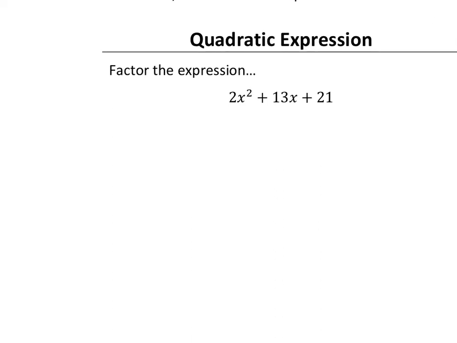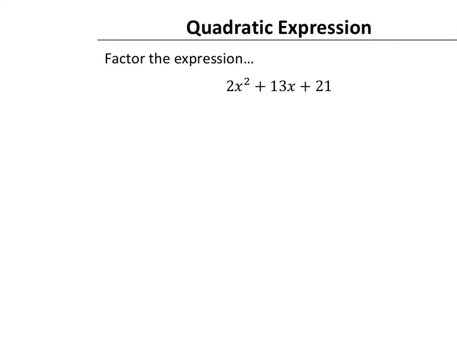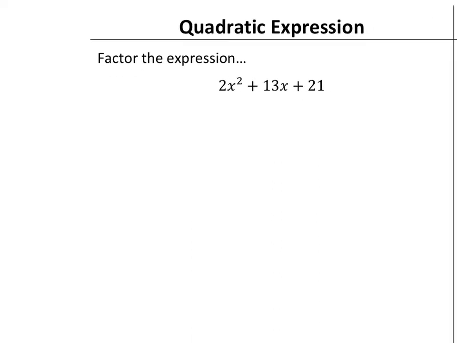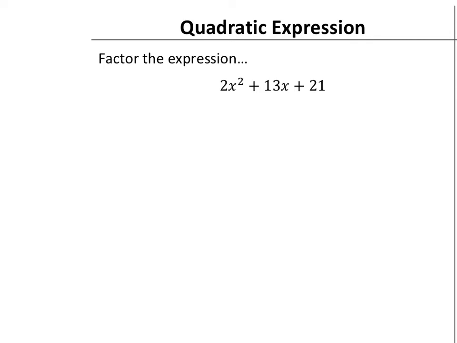Okay, first thing in this column here, notice that we have a quadratic, we've got the x squared term, but we do not have an equation. This is an expression, and there's nothing to solve here. There's no values of x we can solve. We can only do that if we have an equation.